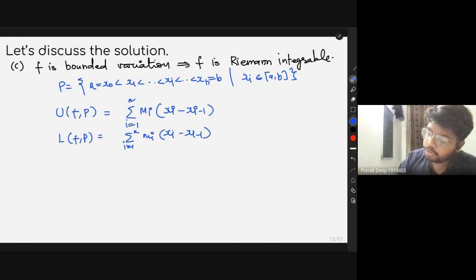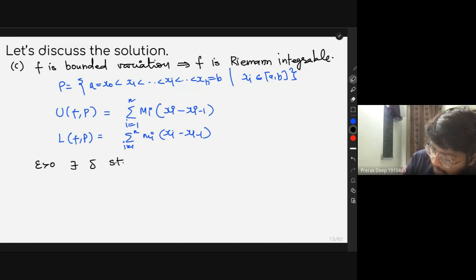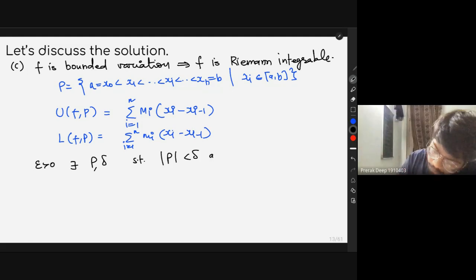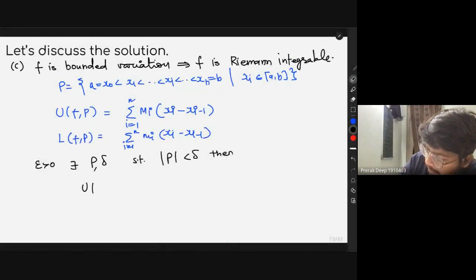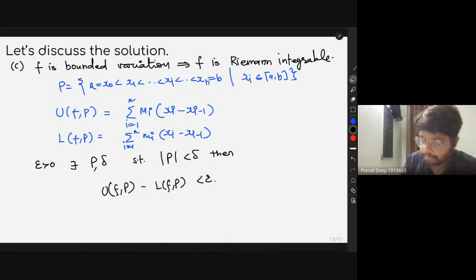In order to show that it is Riemann integrable, we need to show that for every epsilon greater than 0, there exists a delta such that, for a partition whose radius is smaller than delta, the difference U(f, P) minus L(f, P) is smaller than epsilon.